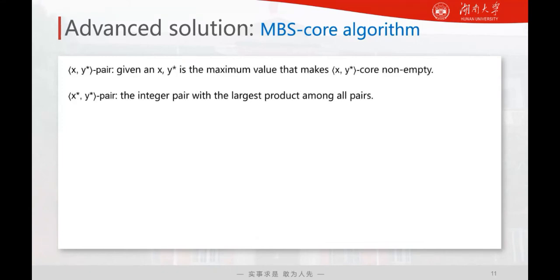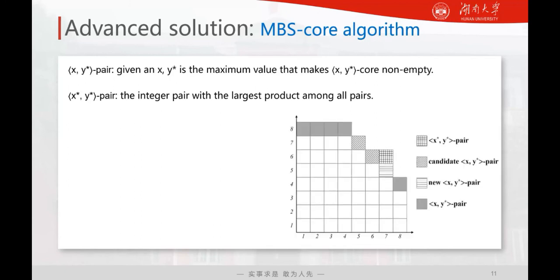We first define the xy star pair and the x star y star pair. Given x, y star is the maximum value that makes the xy star code non-empty, and the x star y star pair is the integer pair with the largest product among all pairs.